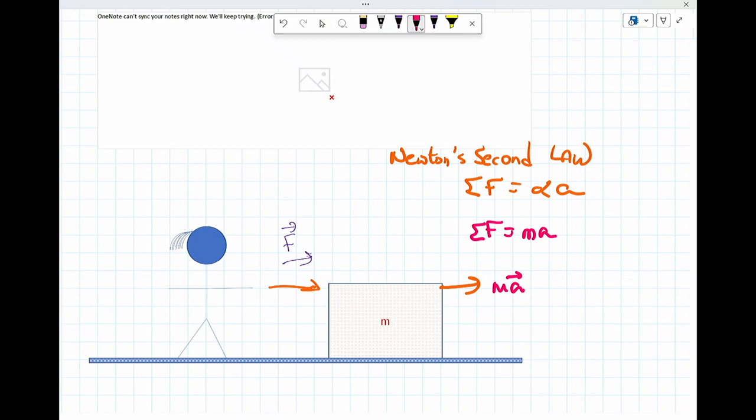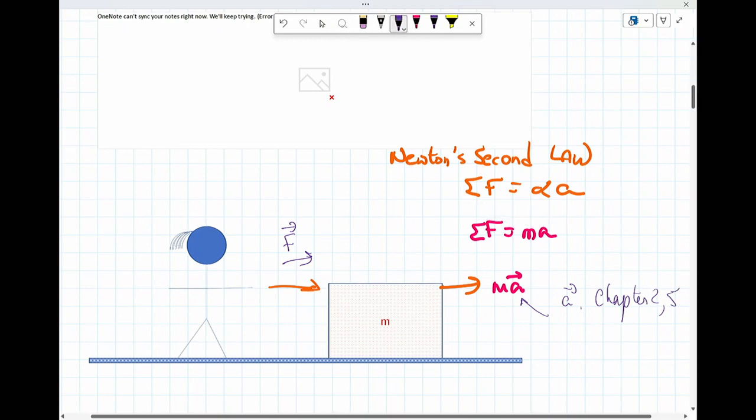If you take everything we do from this point on, basically chapter 2, just as a reminder, A is chapter 2 and 5, but this is going to be 3, 4, 6, and 3, 4, 6.